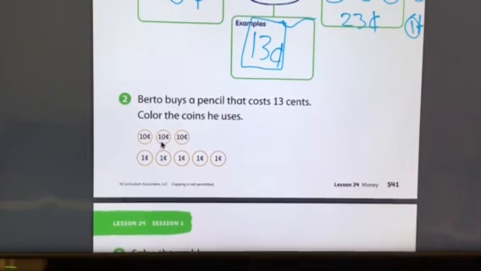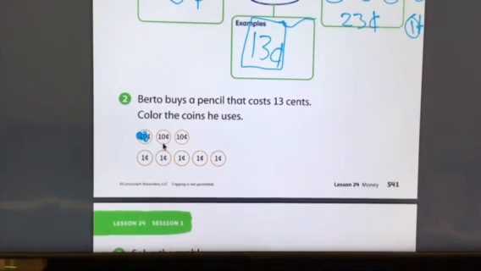So when you're counting these coins, you would be counting by tens. So here you have 10, 20, 30, 31, 32, 33, 34, 35. Am I going to color in all of these coins? Nope. I only need 13 cents. I definitely know that I'm going to need a 10. So I'm going to color in one of my dimes, 10.